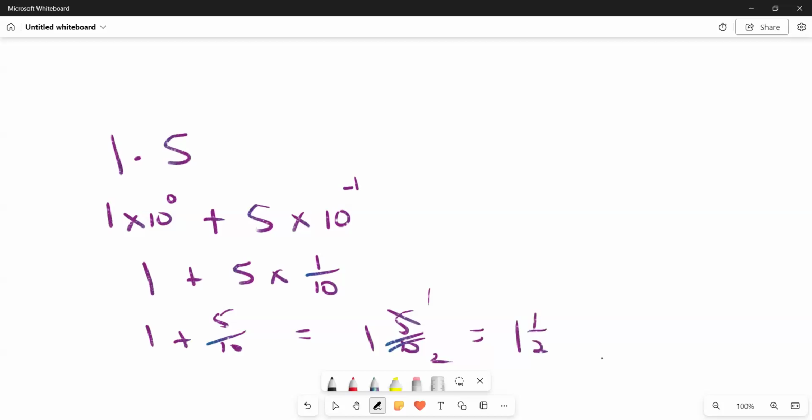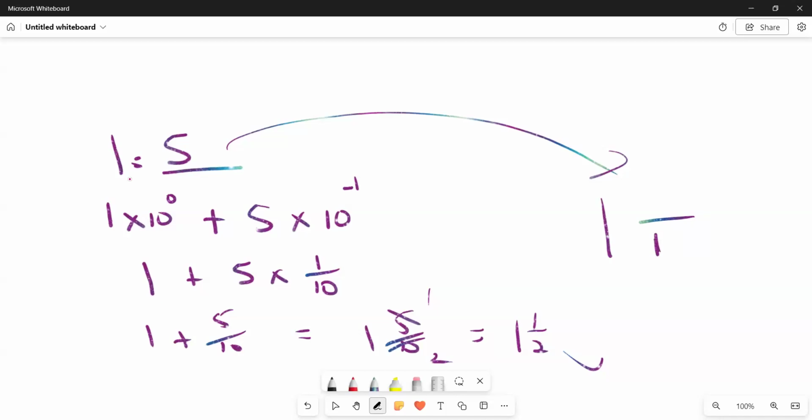This is what I tell you in primary school, right? Alternative to that, the shortcut is you put a 1, and where you see the decimal point, put a 1 here. Every number after the decimal point, put a 0.